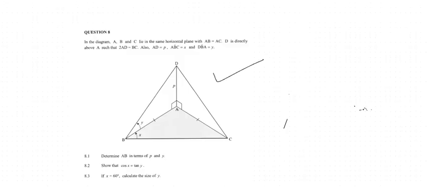And D is directly above A such that 2AD is equals to BC. Also AD is equals to p, angle ABC is equals to x and angle BDA equals to y. So this is x and this is y.